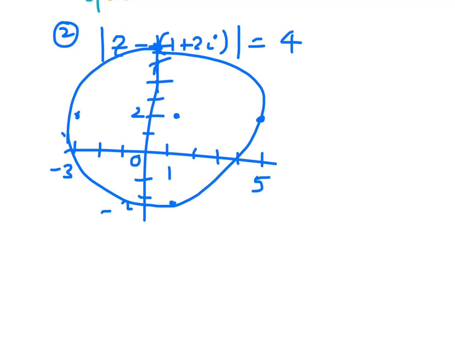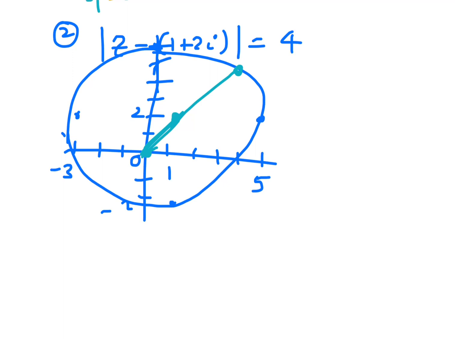Now, if we're looking at the maximum and minimum of mod z, so it's the distance to 0, the maximum of mod z would basically be, if this is the centre here, the line through the centre all the way out to the furthest part on that circle there.